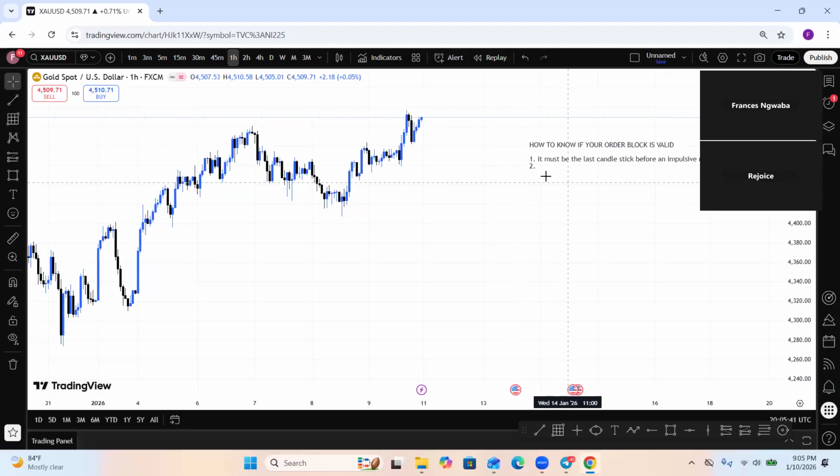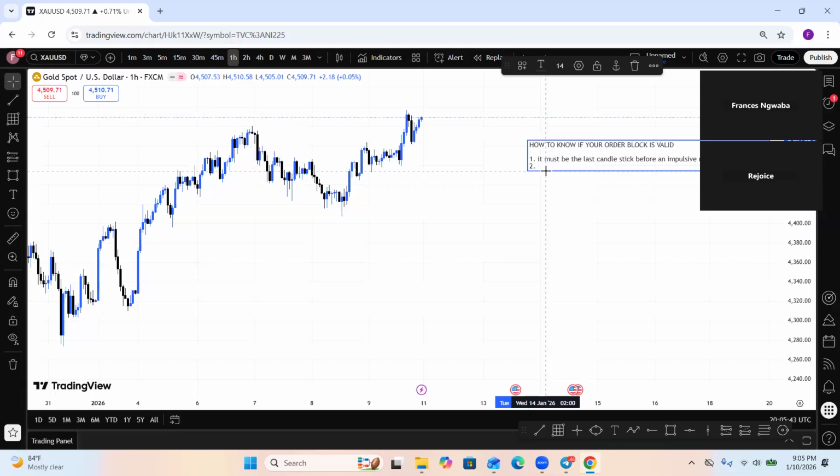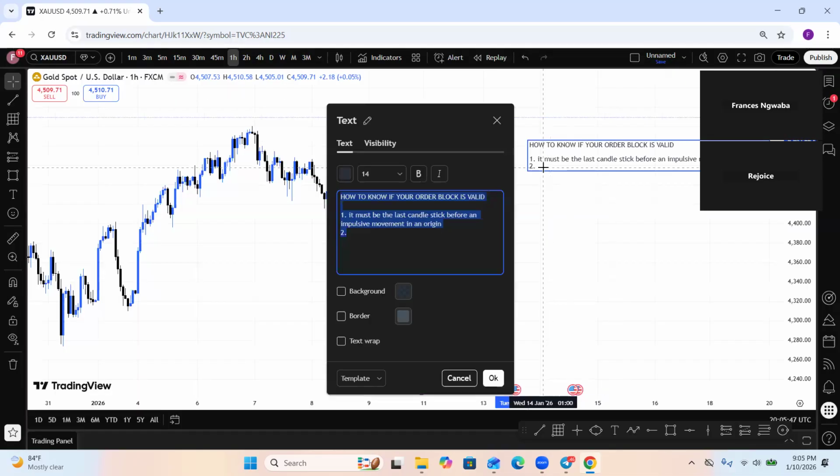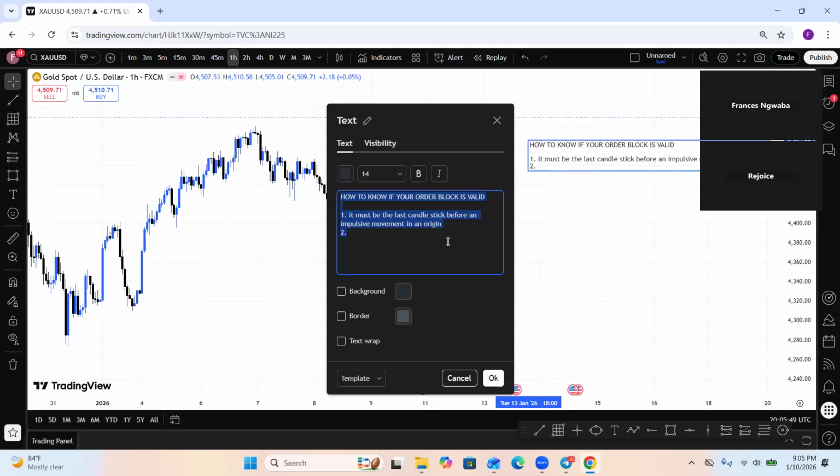Then there must be a break of structure. There must be a BOS or CHOCH, a break of structure or change of character. Then number three, market has to grab liquidity.